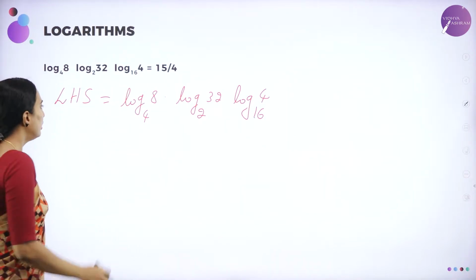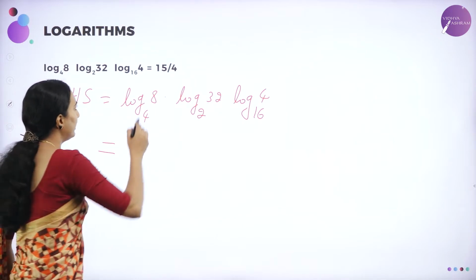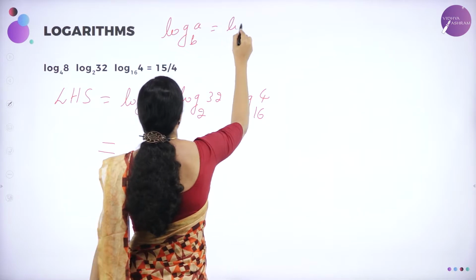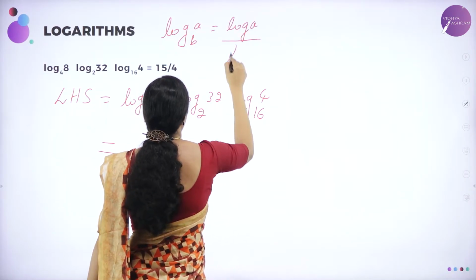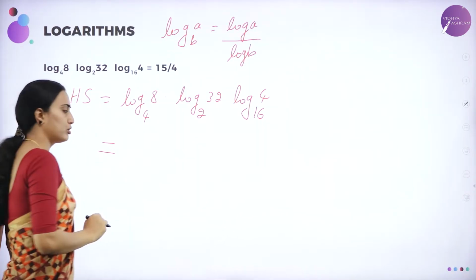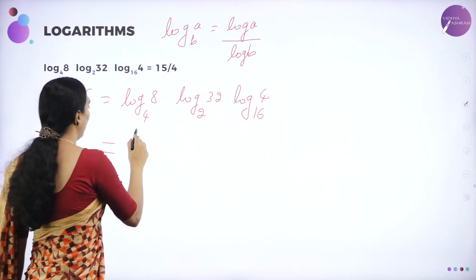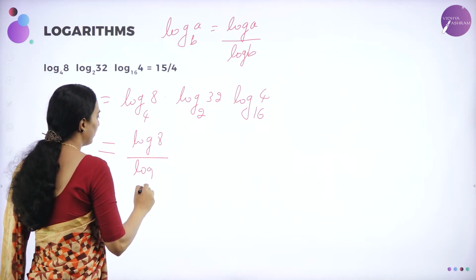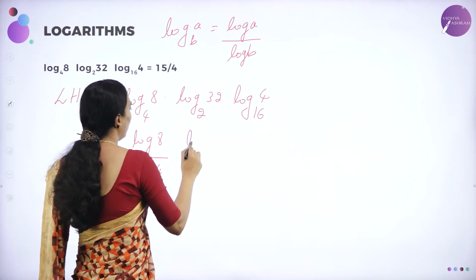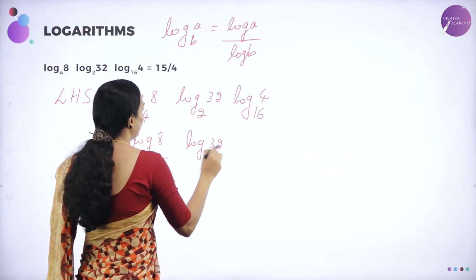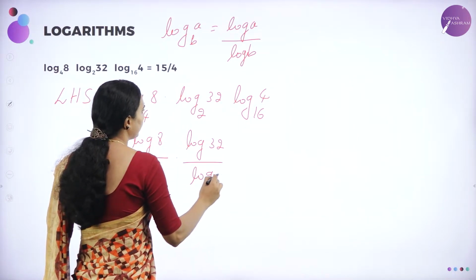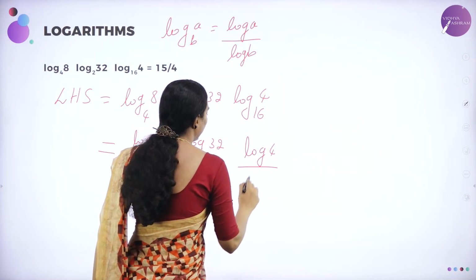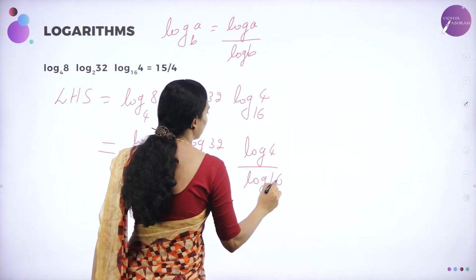So therefore, you can write log A to base B as log A divided by log B. So you can write that as log 8 divided by log 4 into log 32 divided by log 2. Similarly, log 4 divided by log 16.